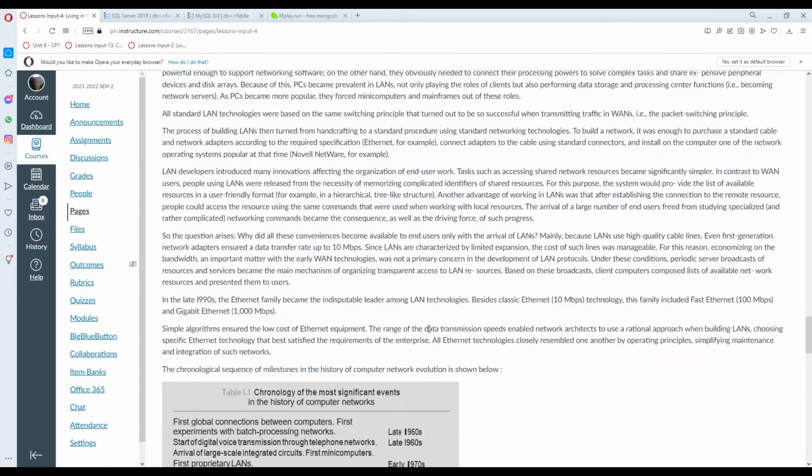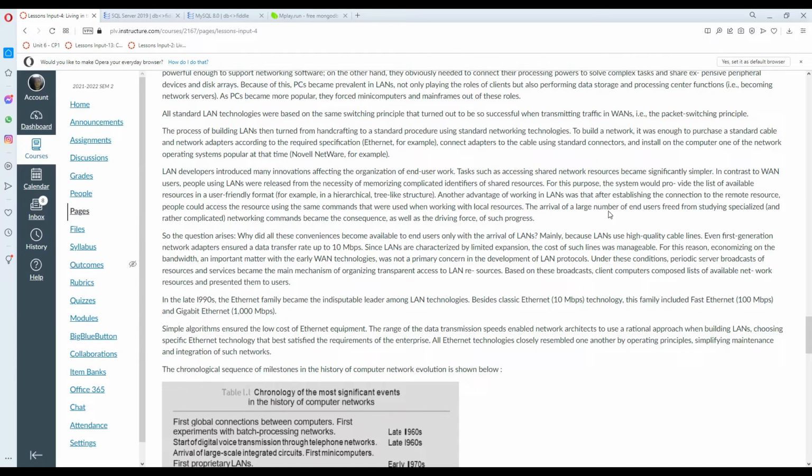Then developers introduced many innovations affecting the organizations and users' work, such as accessing shared network resources becoming significantly simpler. In contrast to WANs, people using LANs were released from the necessity of memorizing complicated identifiers of shared resources. For this purpose, the system would provide a list of available resources in a user-friendly format.